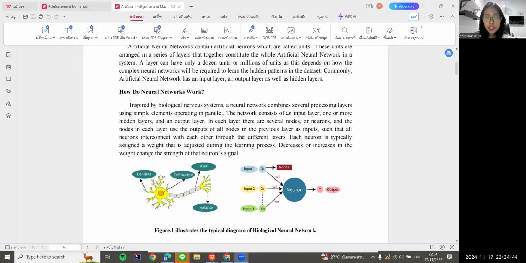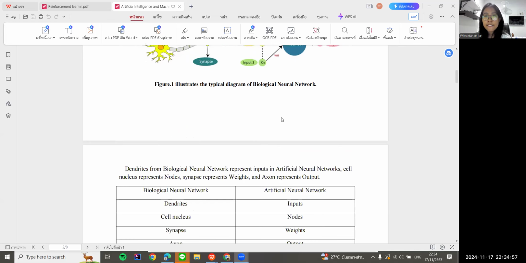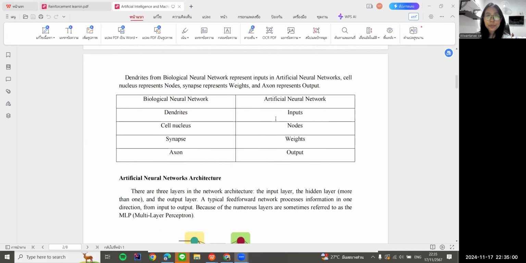So the left side is the neural network in the brain system, and the right side is the neural network in AI. The dendrites of the biological neural network represent input, the cell nucleus represents nodes, the synapse represents weight, and the axon represents output.